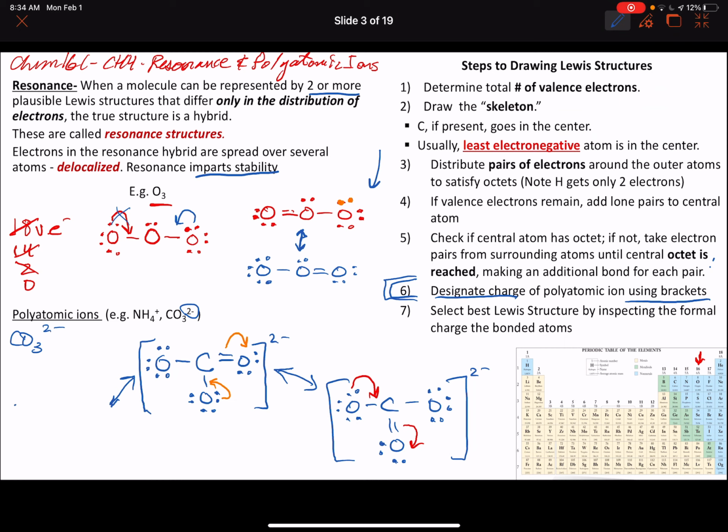And so this will look like an oxygen double bond at left to the carbon, now a single bond to the oxygen down below, and likewise a single bond to the oxygen on the right. Okay, and that's 2- as well.